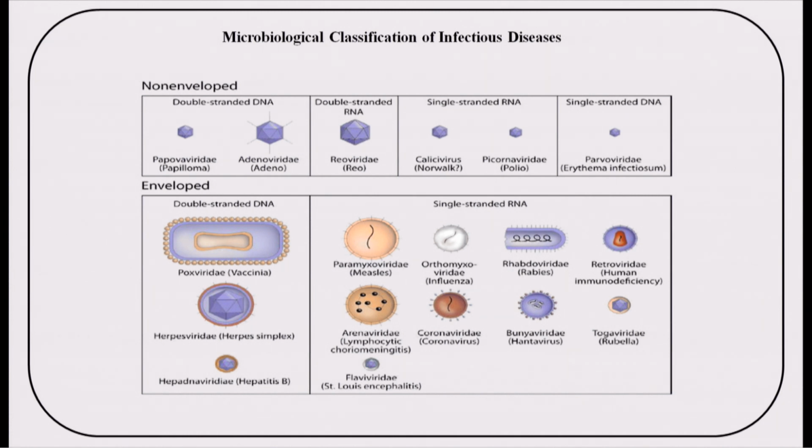These are all enveloped viruses, and single stranded RNA viruses which are enveloped are again Paramyxoviridae, it could be measles, Orthomyxoviridae, it could be influenza, Rhabdoviridae, it could be rabies, and Retroviridae, this is very important, HIV, human immunodeficiency viruses, Arenaviridae and coronaviruses, Bunyaviridae and Togaviridae also are seen. Nowadays in hospital acquired settings, the Flaviviridae viruses are common, and Orthomyxoviridae is very common, where we have the H1N1 and other viruses.